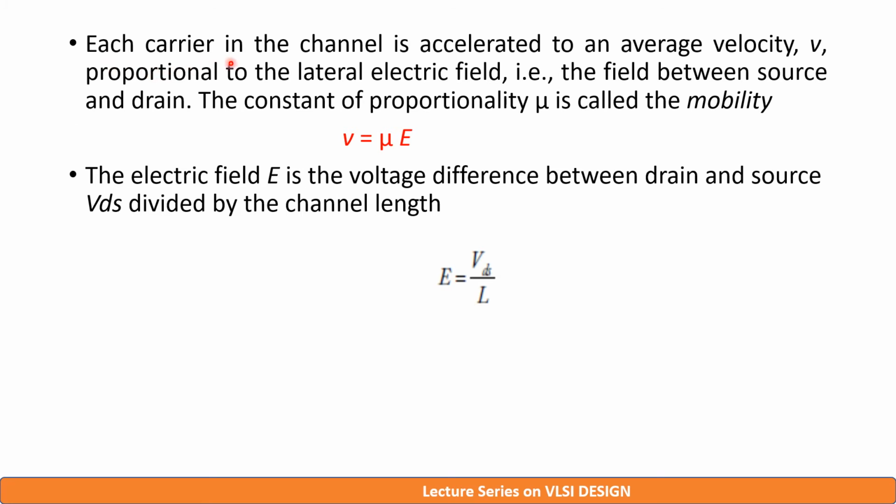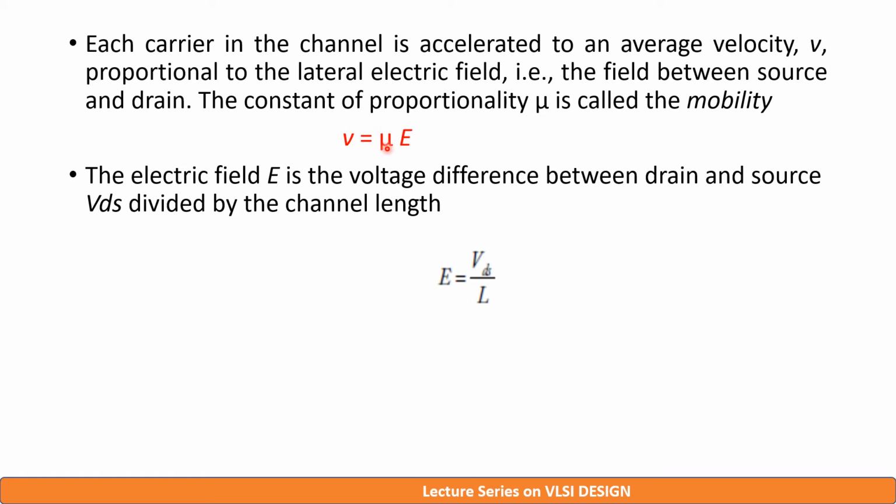Each carrier in the channel is accelerated with an average velocity v, which is proportional to the electric field. The constant of proportionality is called mobility, represented by mu.